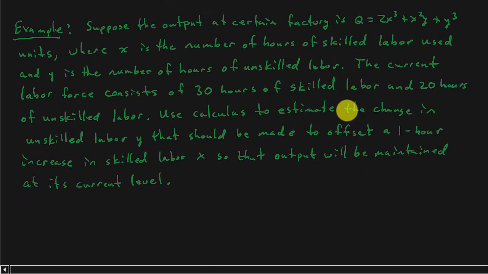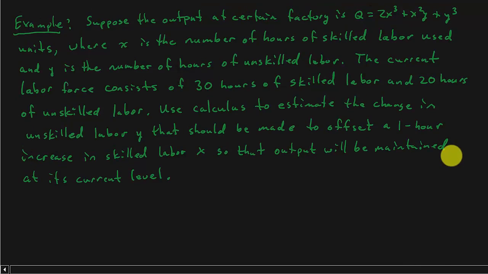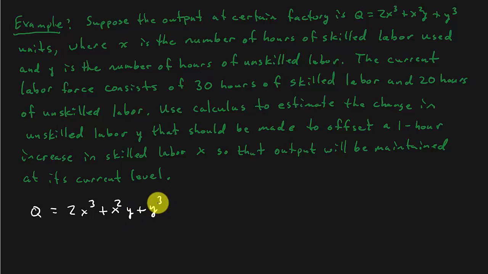All right, so let's look at this. It says, suppose the output at a certain factory is Q equals, let's write that down because I'm sure we're going to need it. Q is equal to 2x cubed plus x squared y plus y cubed units, where x is the number of hours of skilled labor used and y is the number of hours of unskilled labor used.